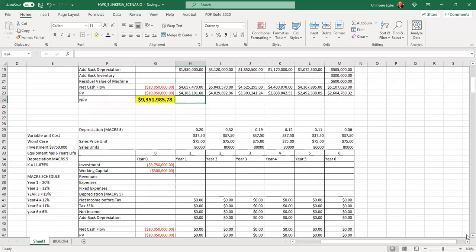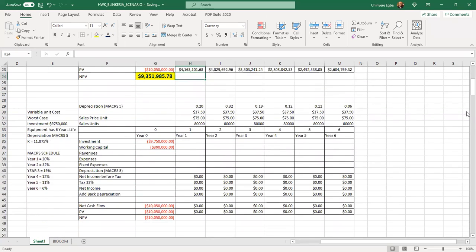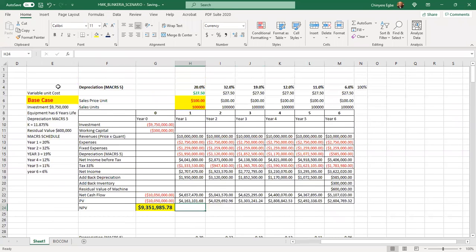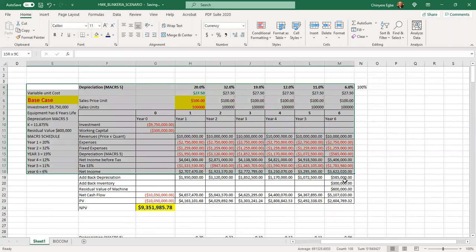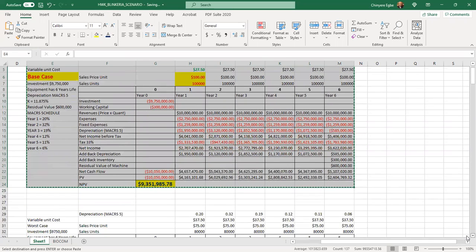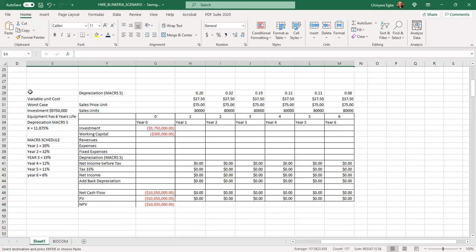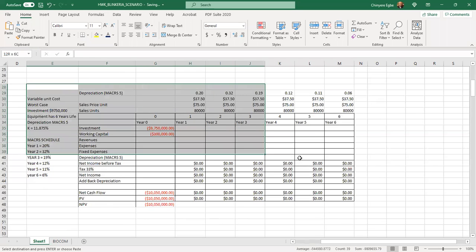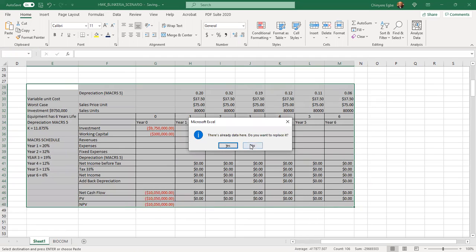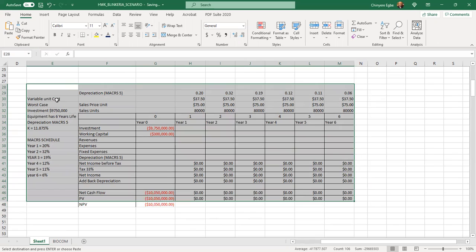Now, what you do then is, to make it easy for you to do the homework assignment, you can take what you have here, you copy it, and paste it there.